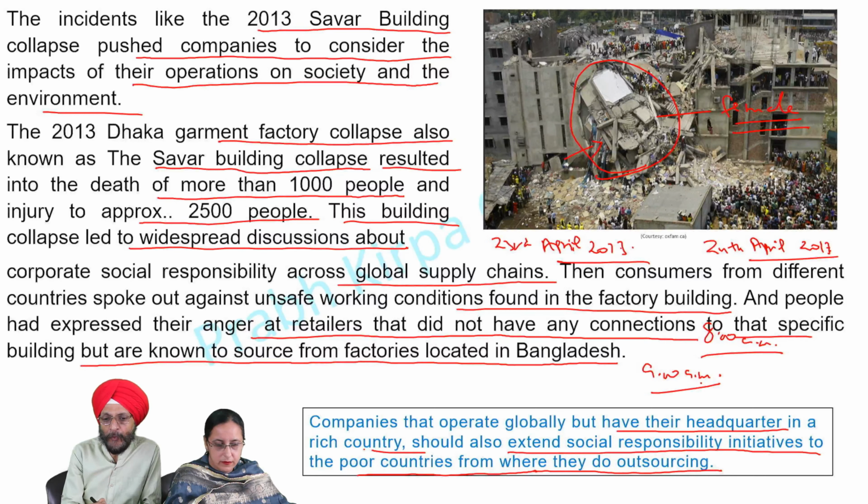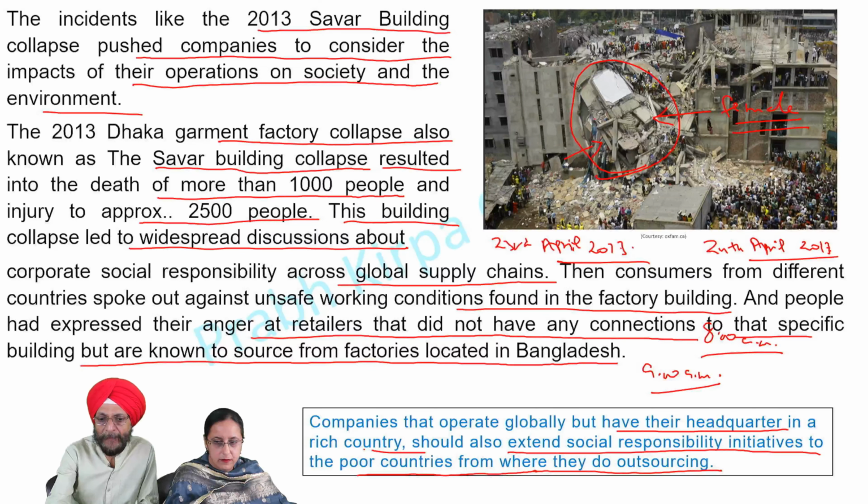It is reported that at the time of the collapse of the building, more than 4,000 workers, mostly female, were working in these factories. This collapse resulted in the death of more than 1,000 people, and about 2,500 workers were injured.